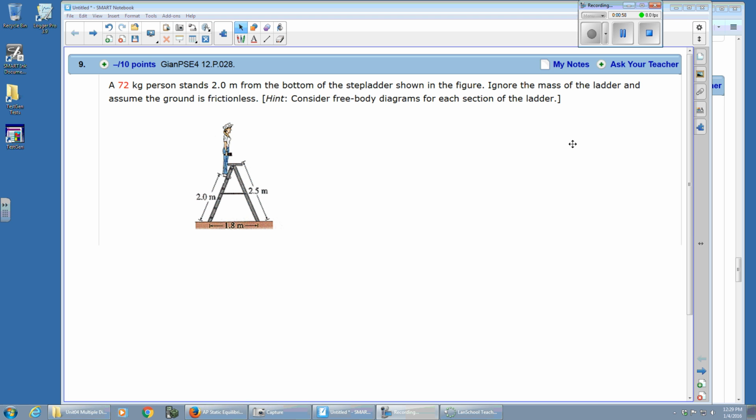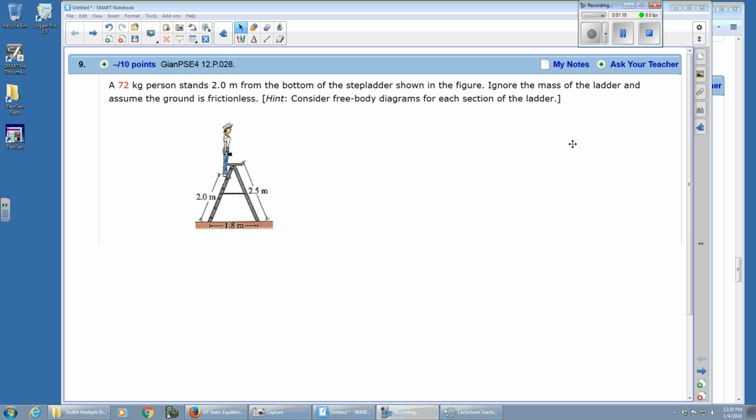In this one, they tell us to ignore the mass of the ladder, which actually simplifies it a lot, and assume the ground is frictionless, which again is a simplification of this force. And then they tell us to consider a free body diagram for each section of the ladder.